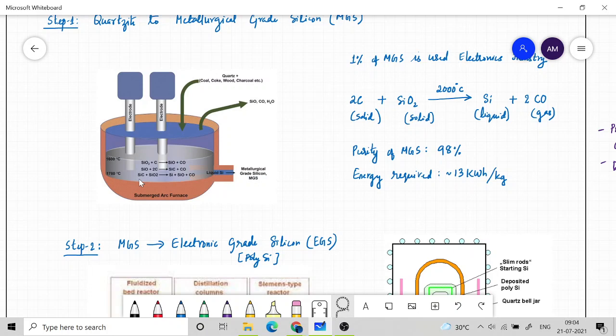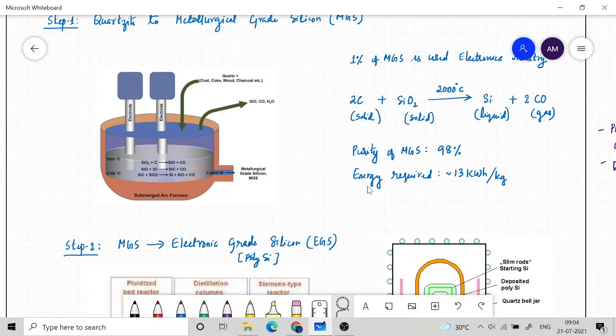Again silicon carbide reacts with silicon dioxide to give you silicon, plus silicon monoxide and carbon monoxide. The silicon monoxide and carbon monoxide come out as byproducts; they are gases at these temperatures, whereas silicon is in a liquid molten stage. So you can easily take this liquid out through an opening and collect it, and that is what we call metallurgical grade silicon.